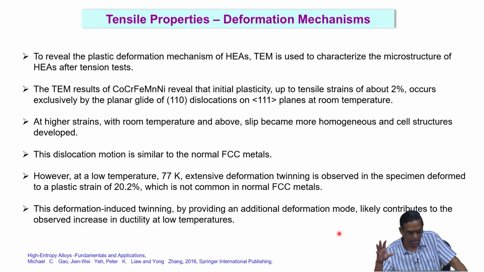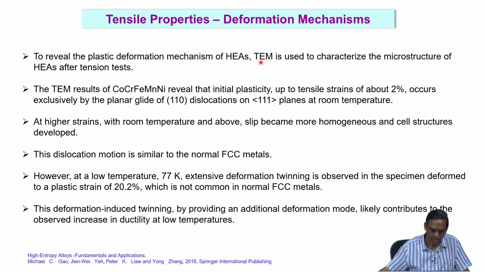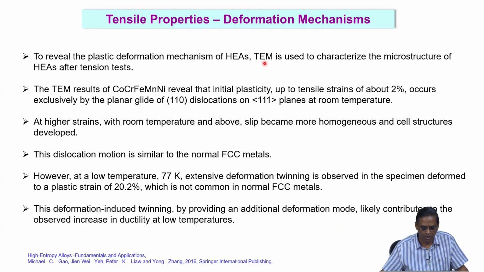Having discussed the tensile properties, we just quickly review the deformation mechanisms, which I already showed yesterday in the characterization slides. What are the factors which are important in the light of high entropy alloys? TEM is used to characterize the microstructure of most of the tension tested samples.